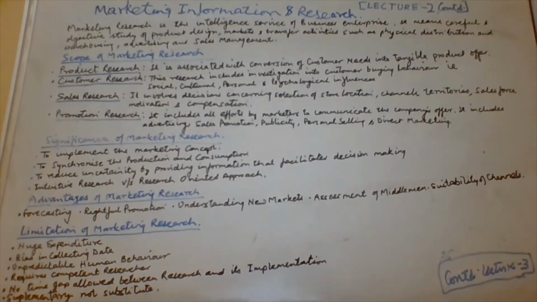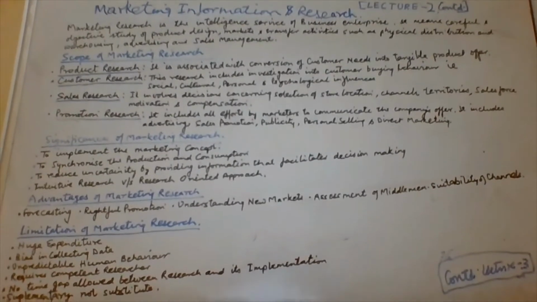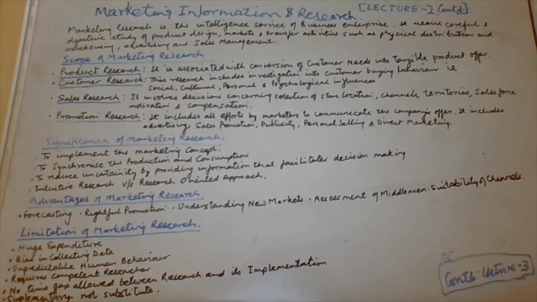It means careful and objective study of product design. So marketing information and research is related to careful and objective study. Objective study is a meaningful study, that is, the objective or the problem is clear to the investigator.